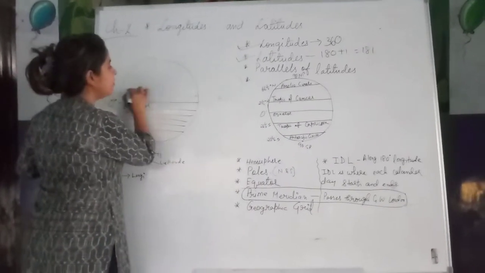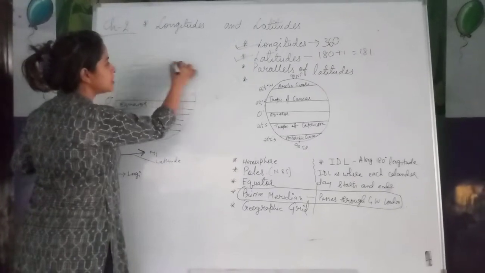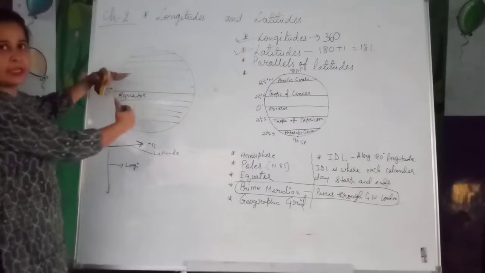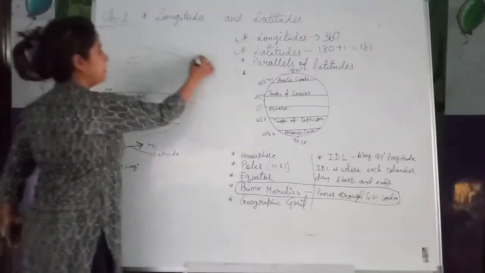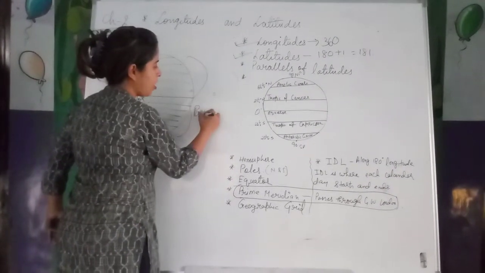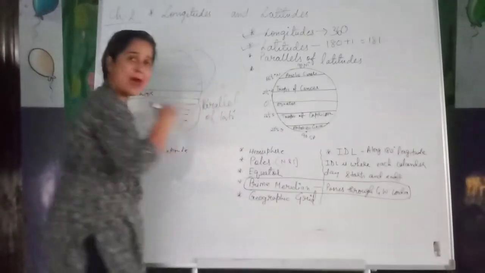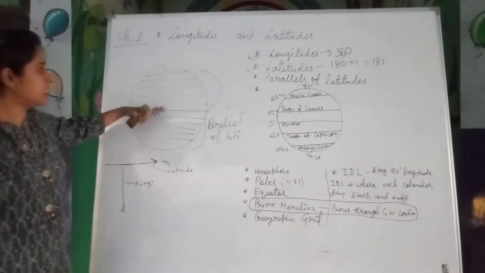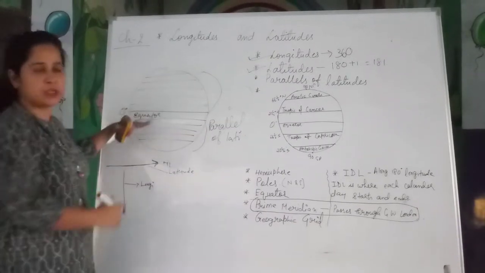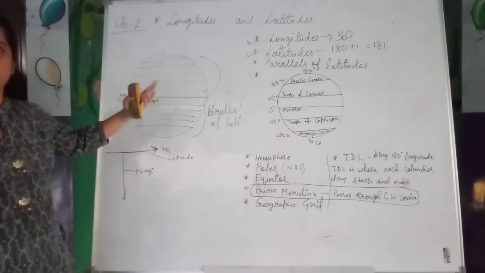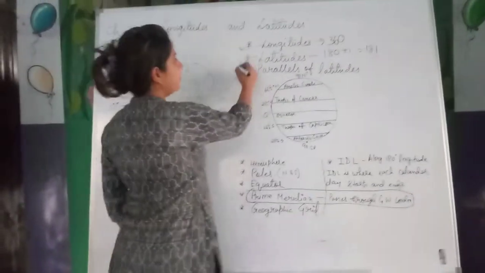All these lines which are parallel to each other are named parallels of latitude. Why parallels of latitude? Because these lines are parallel to each other, drawn in front of each other. So this point we have cleared.